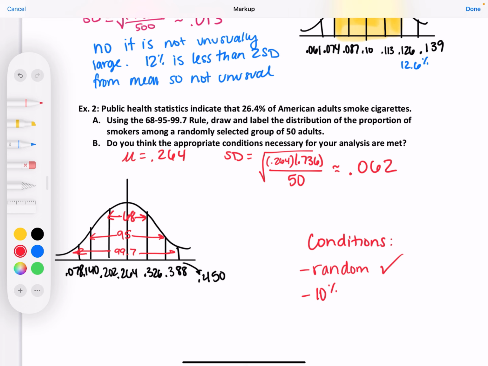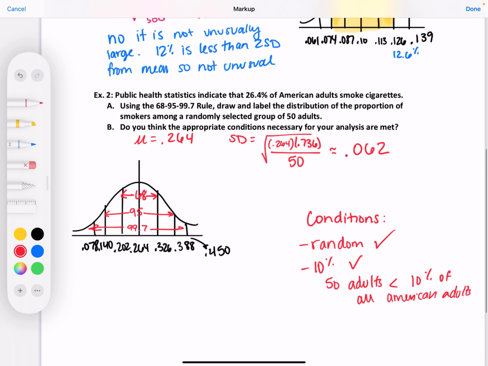Yes. It's pretty safe to assume if you're given the problem, it's going to meet the conditions, but it's not a 100% guarantee. And what's the other thing that we check?